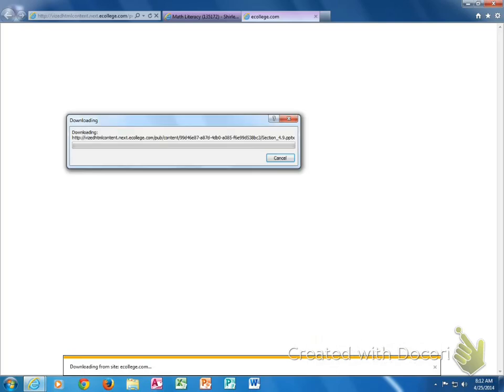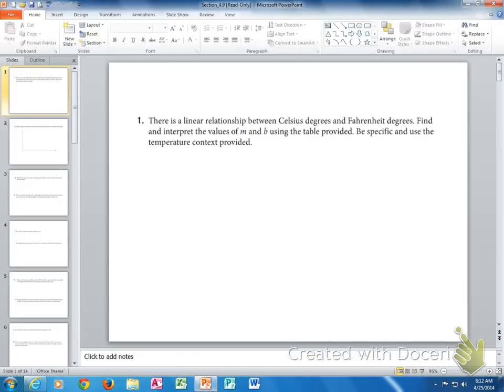Use the table of temperatures to answer the questions that follow. So we have Celsius temperatures and we have Fahrenheit temperatures. Number 1, there is a linear relationship between Celsius degrees and Fahrenheit degrees. Find and interpret the values of m and b using the table provided. Be specific and use the temperature context provided.